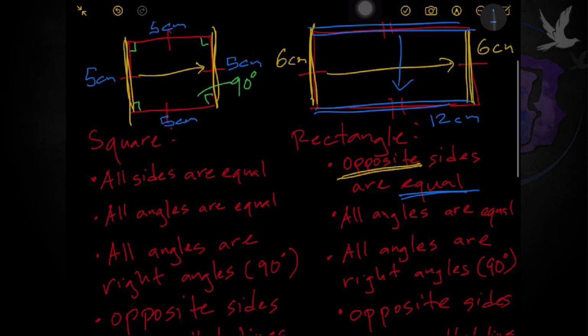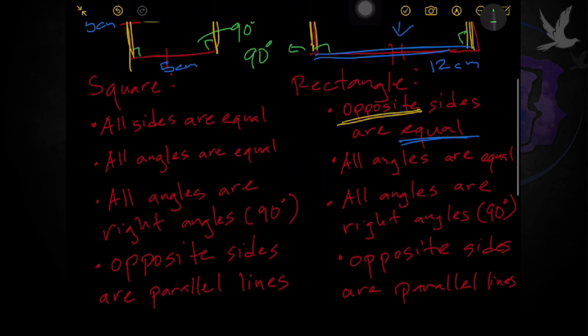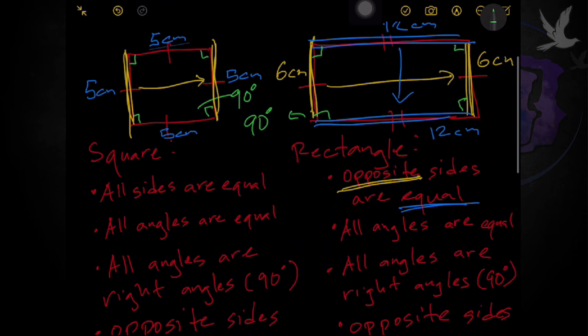All angles are equal. So here we go again. All angles are right angles. So the same lang talaga sa square din. Right angles, in which it represents 90 degrees. Okay. Opposite sides are parallel lines. So as what I've explained earlier as well. Ganun lang din.